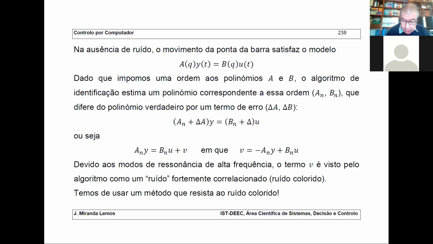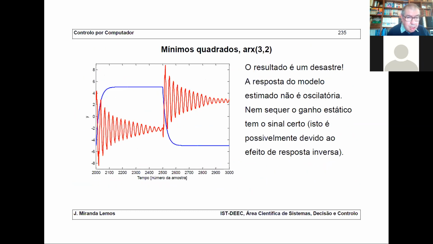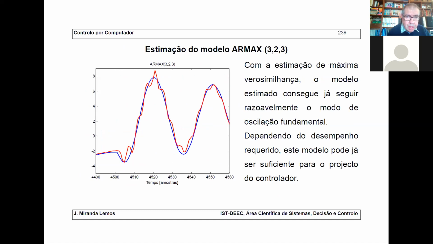And that is why, with least squares, you have this rubbish for the order with 3 poles and 1 zero, so 2 coefficients in V. But if you have a model with the same structure, but you explicitly consider the correlated noise, then you could have a very nice estimate.